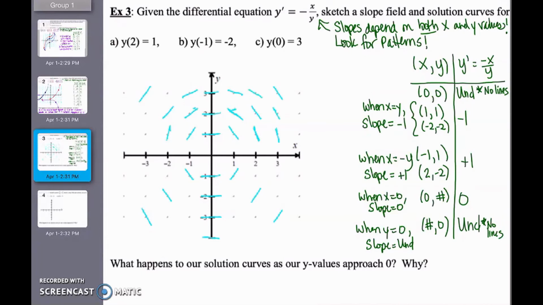We've got these slopes, and I know what this looks like, so I'm taking the liberty of sketching these in here. Whoops, that one was not correct, sorry. We've got these slope fields here that are looking sort of like circles in our coordinate plane.